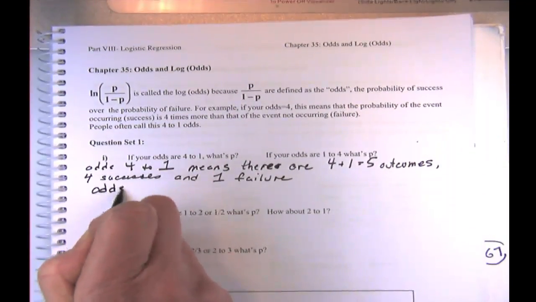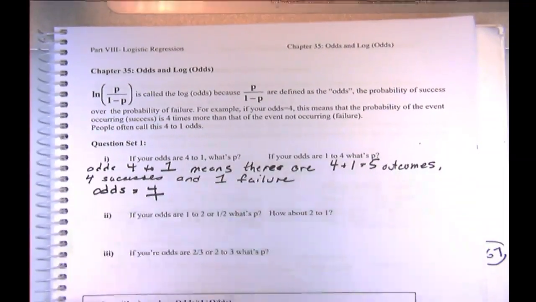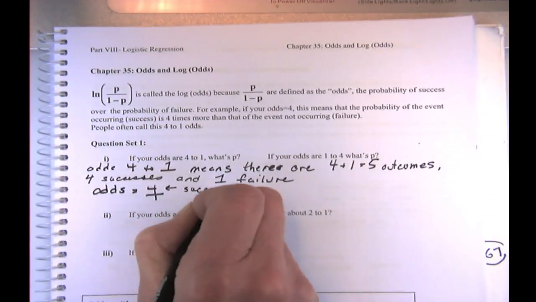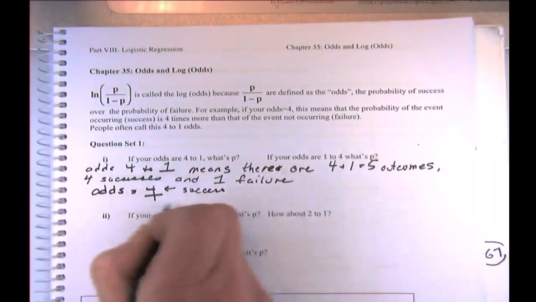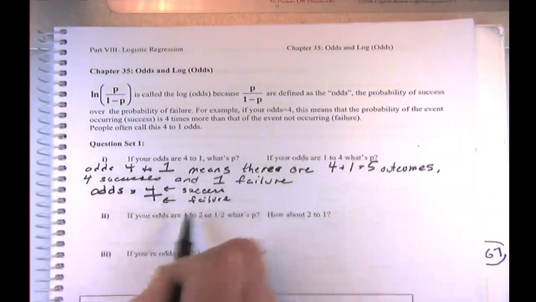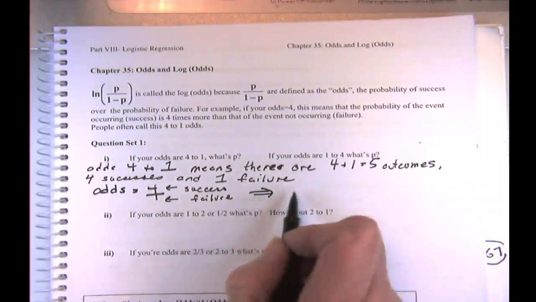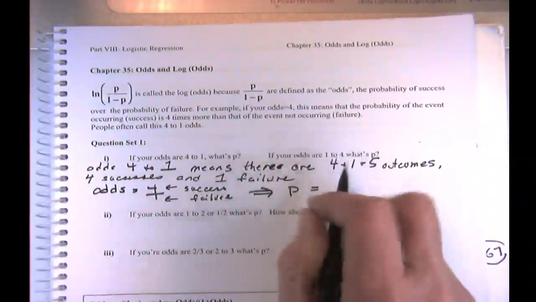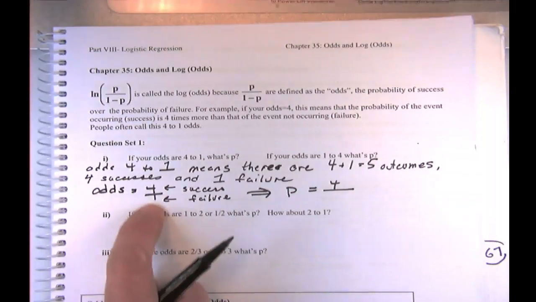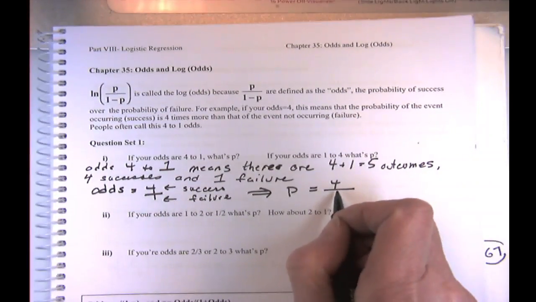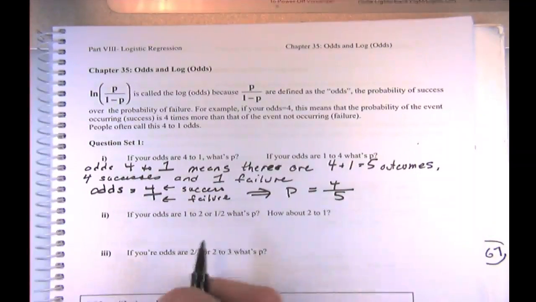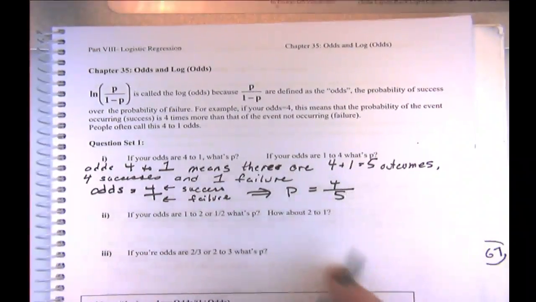So your odds are equal to 4 to 1, all right? So just think of this right here as the number of successes, and this right here is the number of failures. So those are your odds. So your probability then is your success, 4, over what? The total number of outcomes, 4 out of 5. Does that make sense to everybody? And doesn't that make sense?